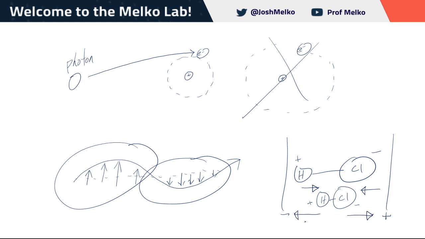And so the type of motion you're causing here is, in this case, vibrational motion of this contracting and elongating chemical bond. And so you can think about this oscillation of this hydrogen chloride, this hydrochloric acid molecule, that you have induced from the light and the oscillating electric field.